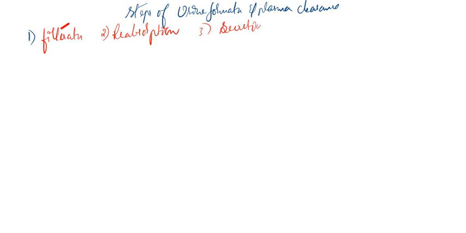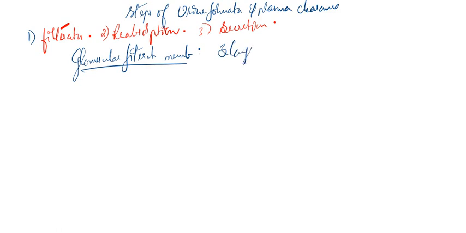Now glomerular filtration. Now we'll discuss something about the glomerular filtration membrane. Actually it is a 3-layered membrane. So what actually participates in it?